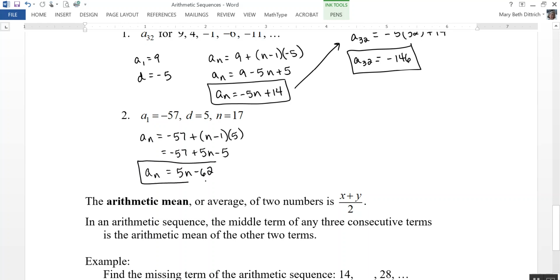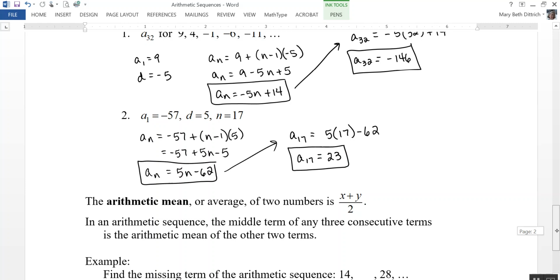There's my explicit formula. And then finding the 17th term, I plug in 17 for n. So a sub 17 is equal to 23.